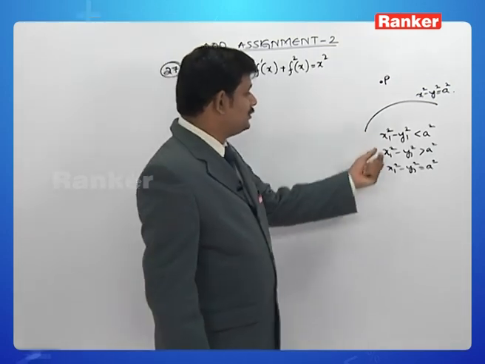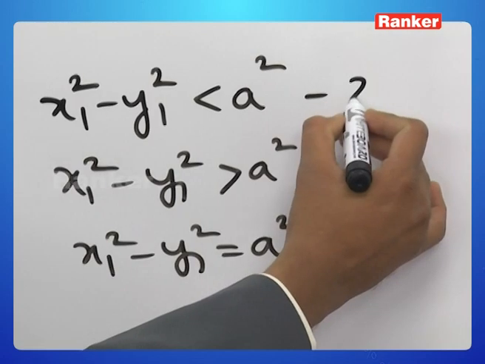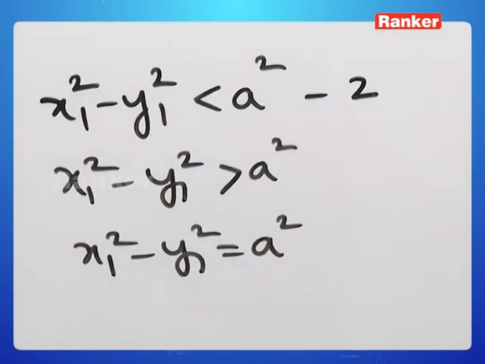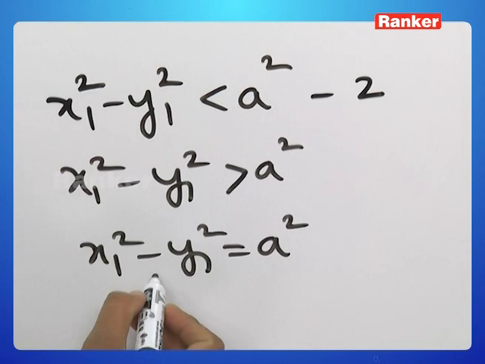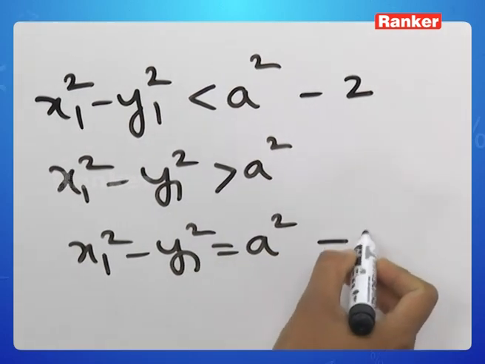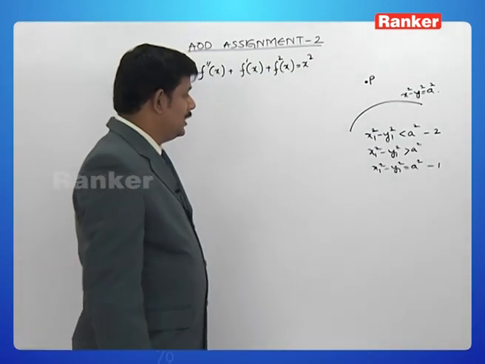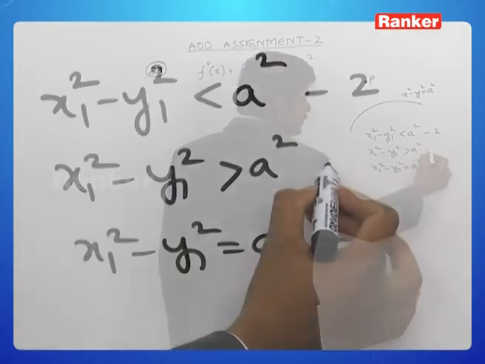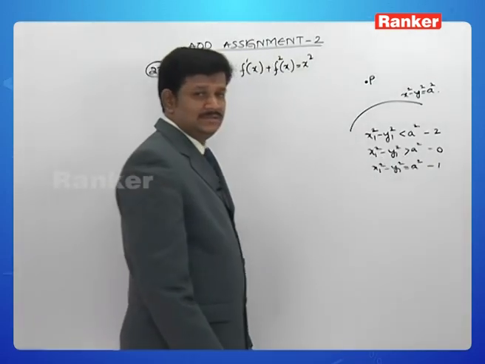If x1 square minus y1 square is less than a square, we will have 2 tangents. If the point is on the curve, x1 square minus y1 square equal to a square, we have 1 tangent. And if x1 square minus y1 square is greater than a square, we have no tangent.